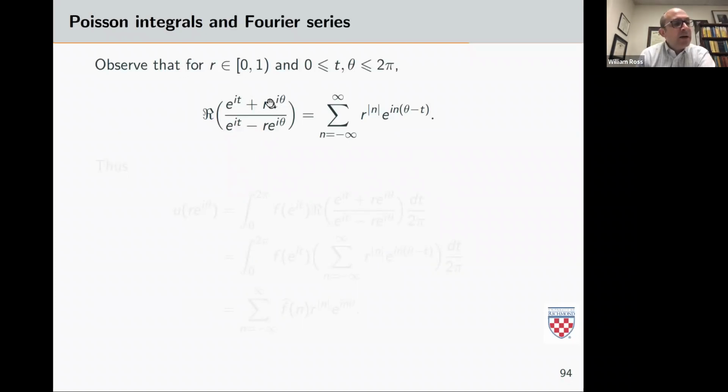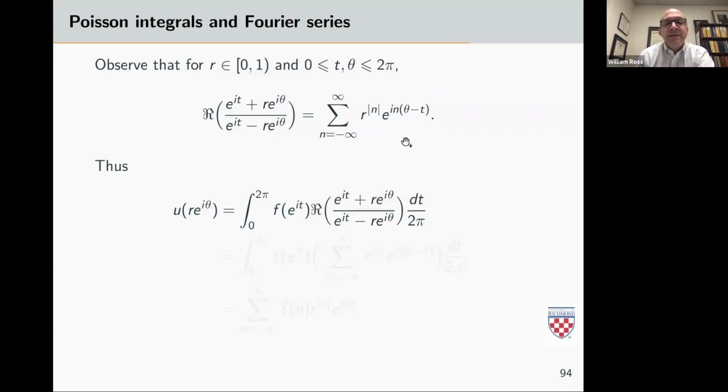If you work out a little bit of Fourier series here, not Fourier series, a geometric series, you can write this as this infinite series. Now put all that back into u. So instead of this, the Poisson integral, I use the power series.